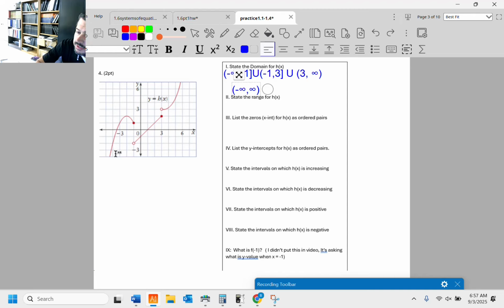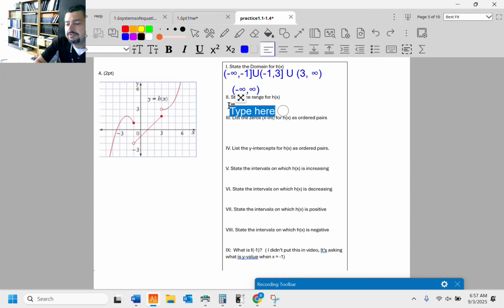The range is going to be a little different. If you follow this piece right here, you rise from negative infinity to a value of 2. And there's no way to ride another line from 2 to 3. And then we start over. So let's start with this one. This one is negative infinity to 2, and I know that you may not realize this, but that 2 has a bracket because that line was drawn.